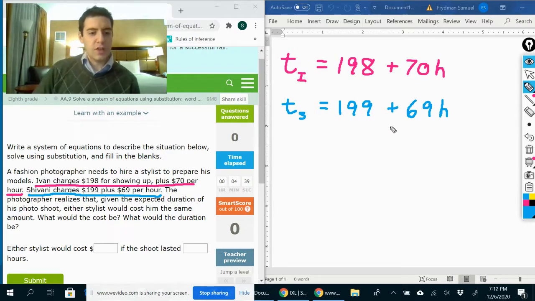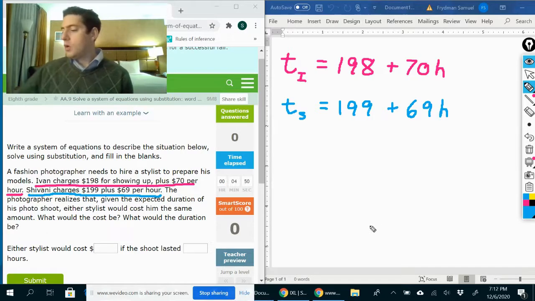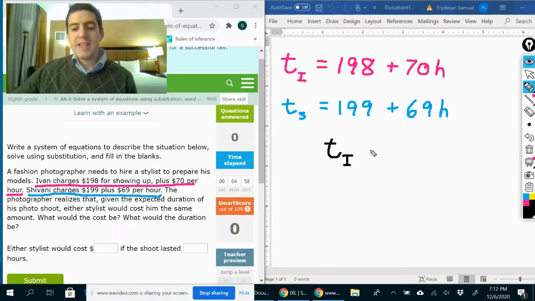But this fashion photographer notices that for a certain number of hours, the cost is going to be exactly the same. So what would that cost be, and what would the duration be, meaning the number of hours? Well, so we're trying to figure out when is the total for Ivan equal to the total for Shivani.